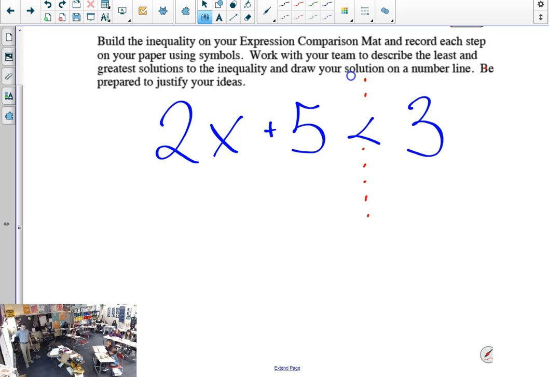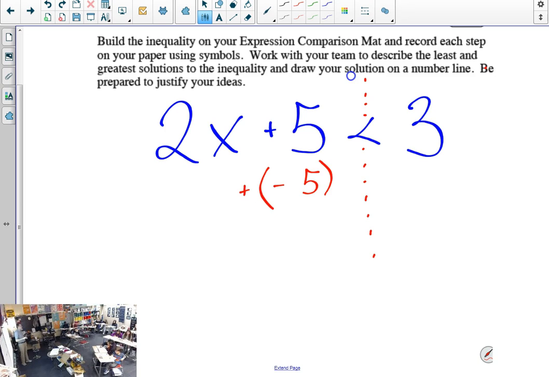Yeah, if this is my split, and I look left side, right side, variables, constants, only constants. So if we want to isolate the variable, get that guy alone, we got to get rid of this 5. How do I get rid of positive 5? Subtract 5 or negative 5. Yeah, I could put 5 negative tiles, make a bunch of zeros, or subtract 5. So I could either say minus 5, or if you want, add negative 5.